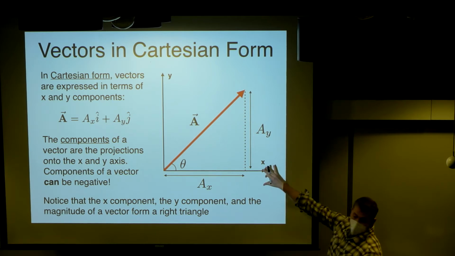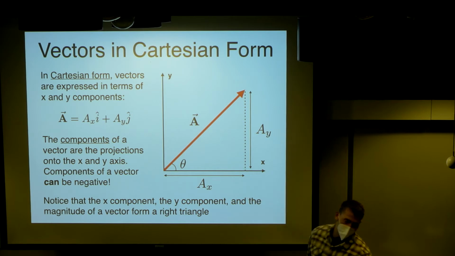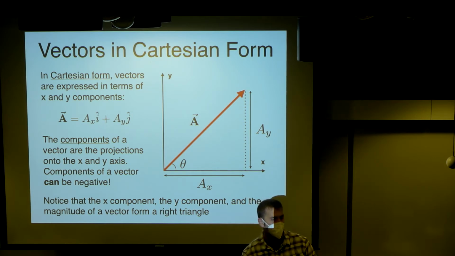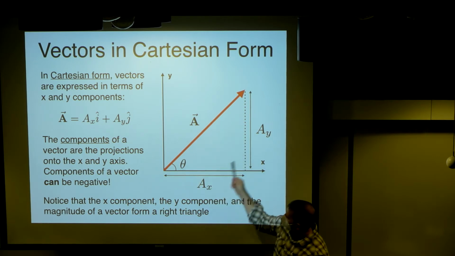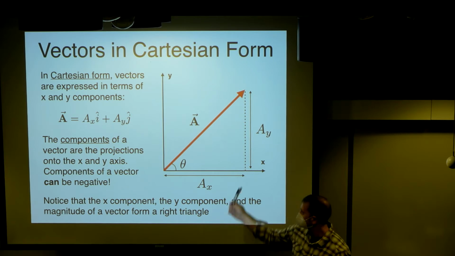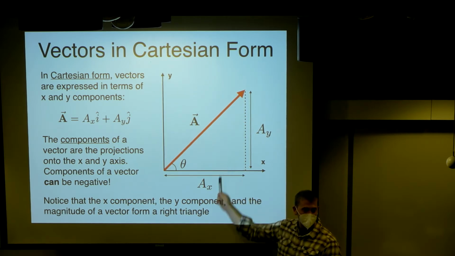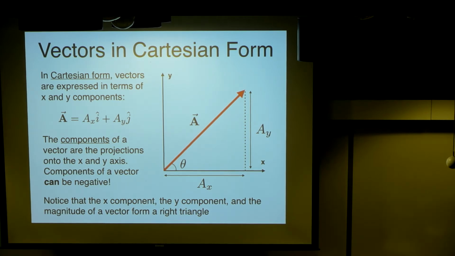Now, I want you to notice something that's happening in this picture that's super important for basically everything involving vectors going forward. When we show the vector itself and its components, we construct a right triangle. Okay, you see we have a right triangle here. That right triangle and the geometry associated with it is going to tell us how to analyze the vector. Okay, we'll get into that in a second.